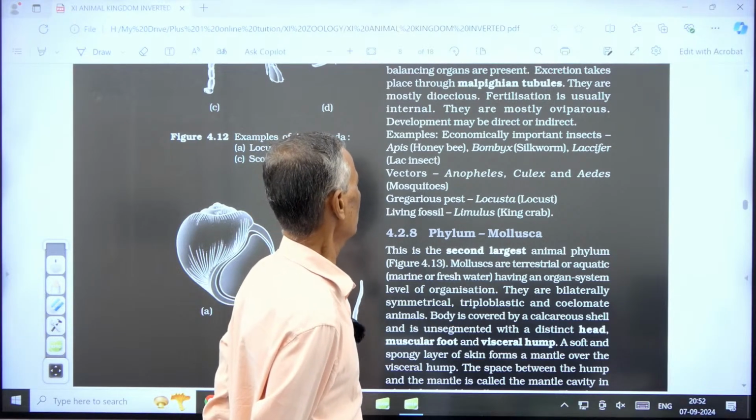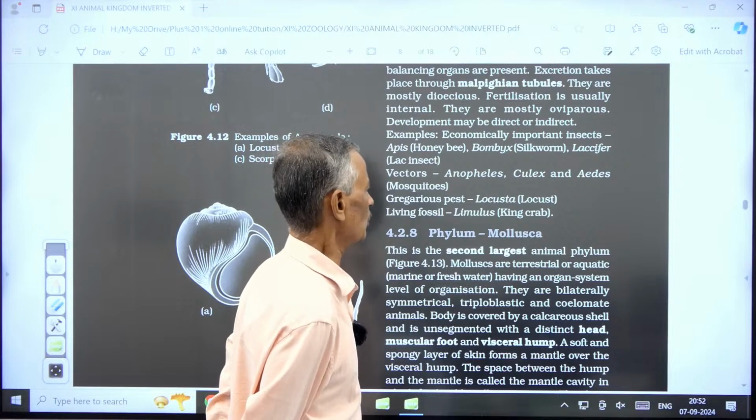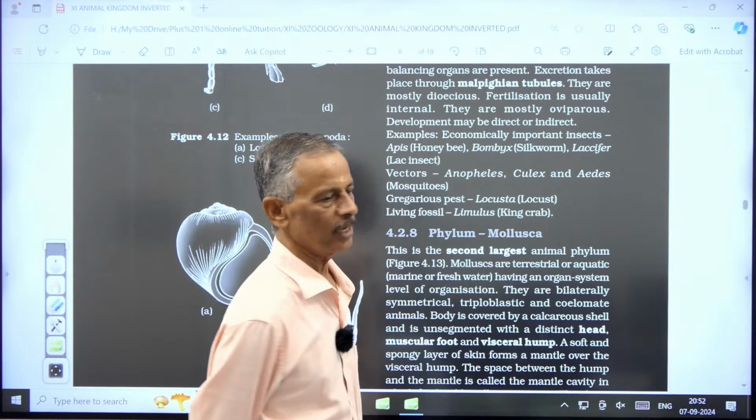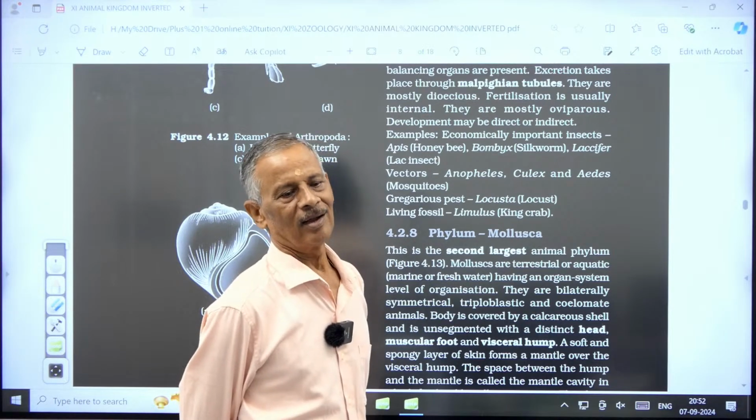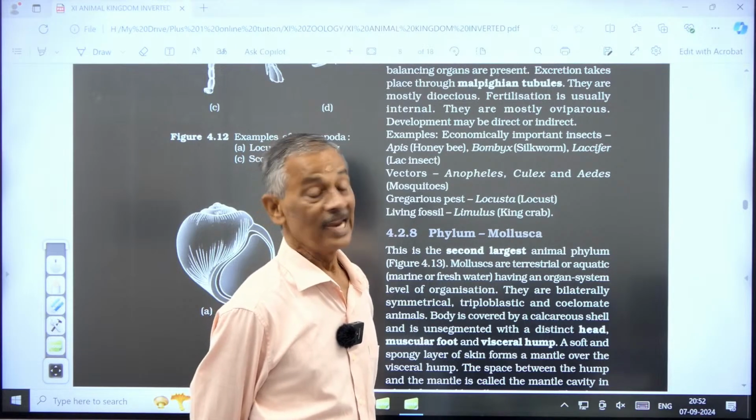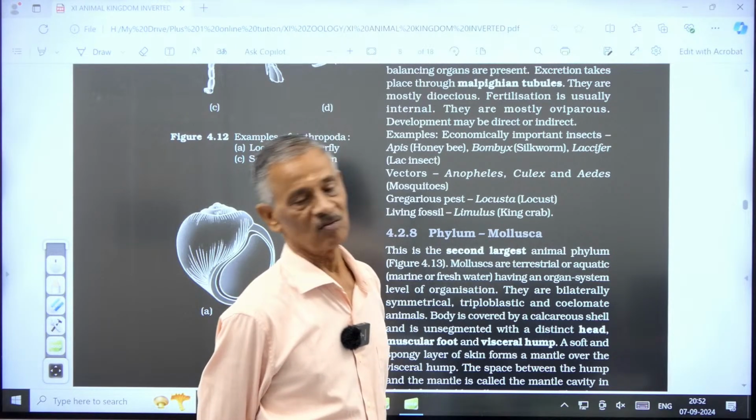They are called vectors. അനോഫിലിസ് മോസ്കിറ്റോ, ക്യൂലെക്സ് മോസ്കിറ്റോ, ഏഡിസ്, ഇപ്പോൾ ഡെങ്കു. അതുപോലെ തന്നെ എയ്ഡ്സ് ഇങ്ങനെ മോസ്കിറ്റോ ബൈറ്റ് വഴി പകരില്ല കേട്ടോ.